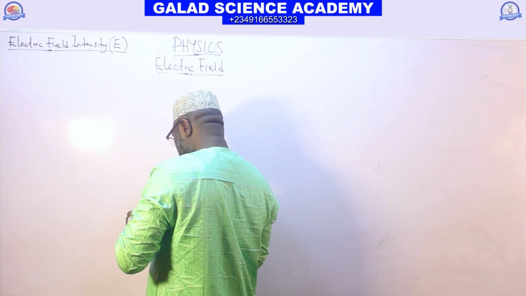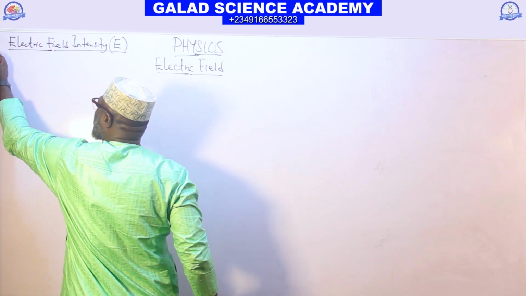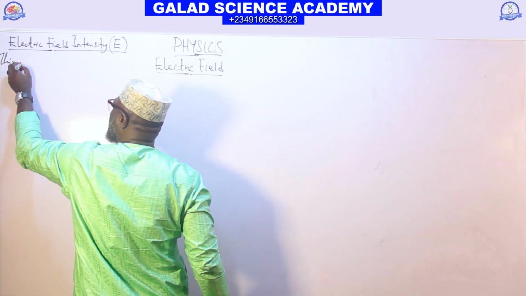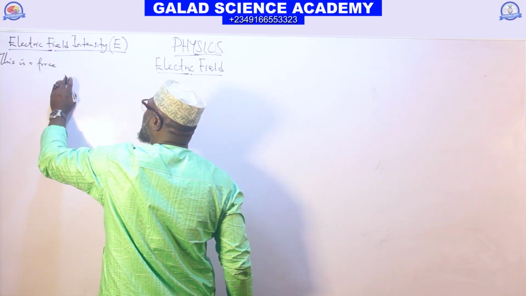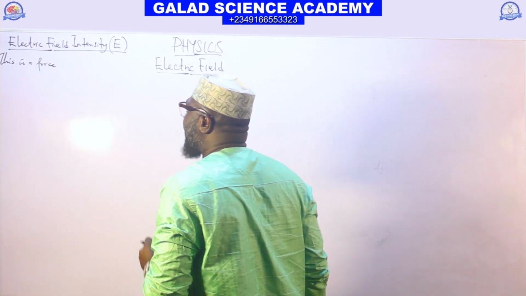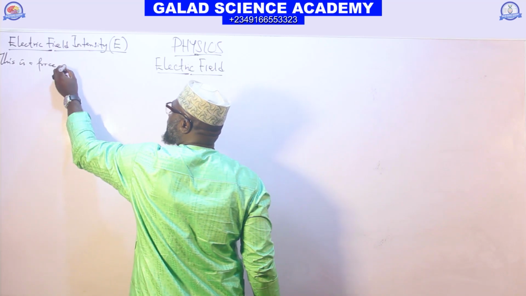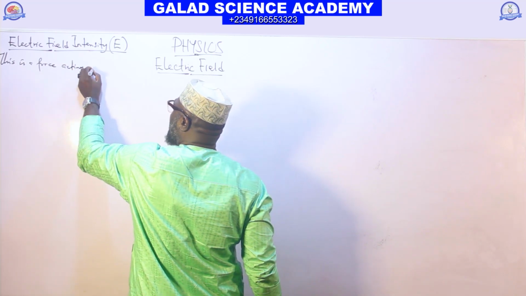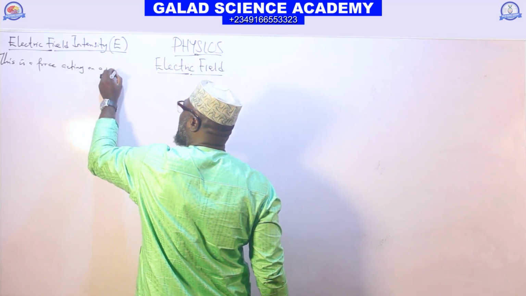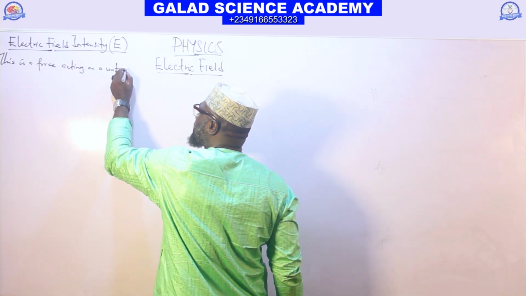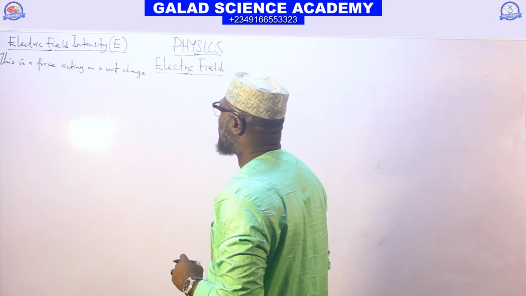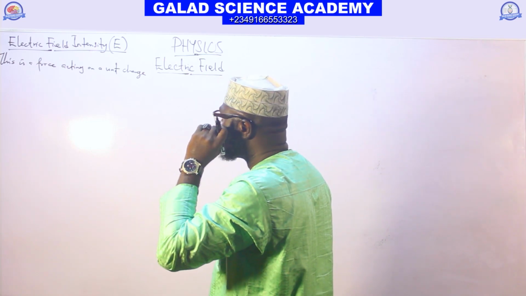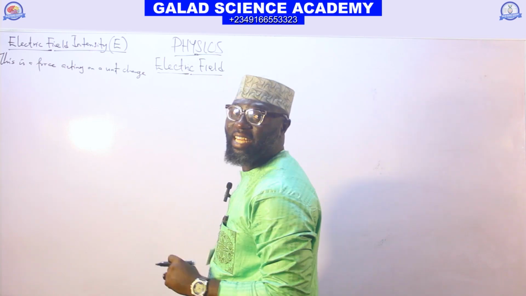And electric field intensity can be defined as a force. This is a force acting on a unit charge. This is a force that's acting on a unit charge placed in an electric field.